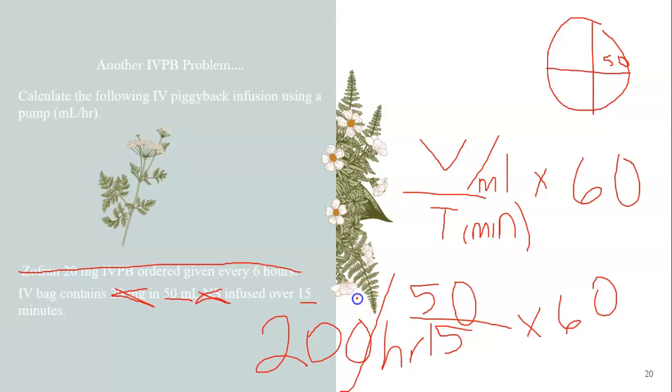Okay? I'm tricking the pump so that instead of, like the last antibiotic, going in a half hour, it's now going in a quarter of an hour. So that means technically I'd be able to hang 4 of those, 1, 2, 3, 4, in that hour. So I'm just tricking the pump.